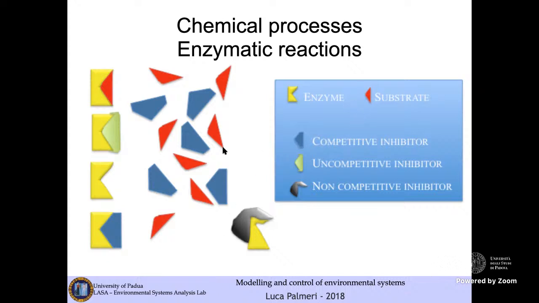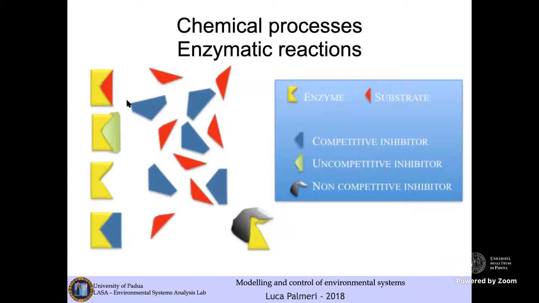For example, if we consider the substrate by red triangles, we may describe the effect of the enzyme like a perfect molecule that sticks perfectly to the substrate, so that the activated complex, I recall you, enzyme plus substrate, finds itself in a kind of steady state equilibrium in which you have formation, activation, and deactivation of the complex.